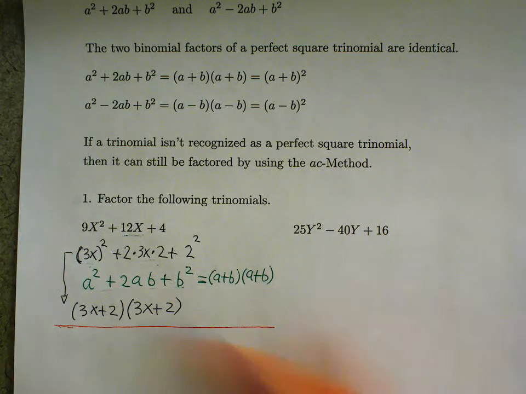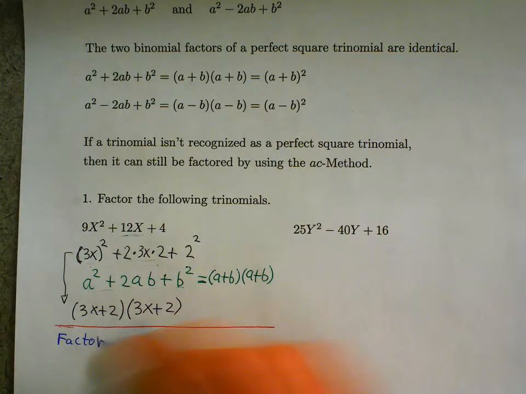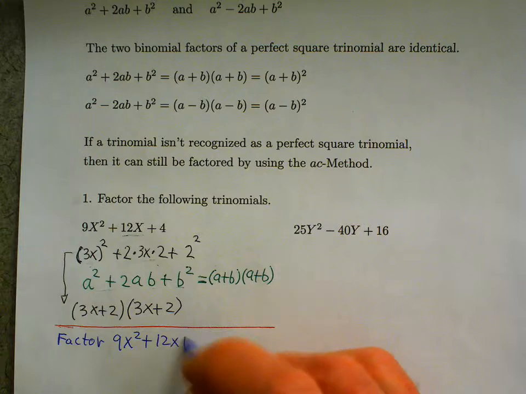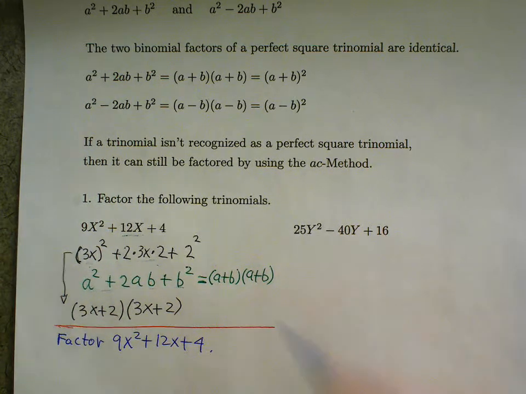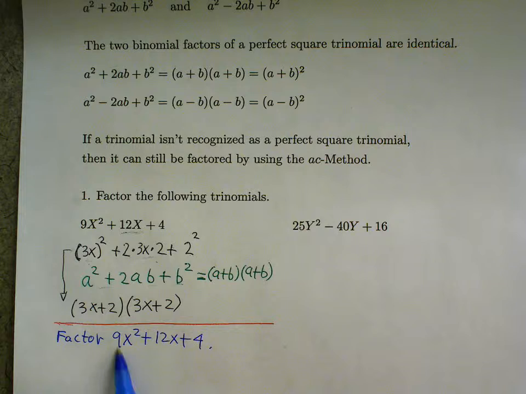So now we're going to factor the same trinomial, 9x to the second plus 12x plus 4, using the AC method. The greatest common factor of all three terms is 1.